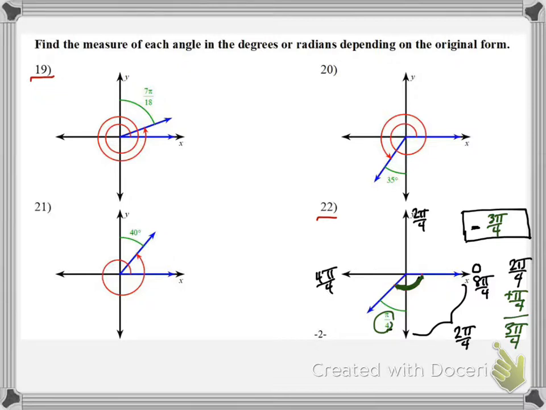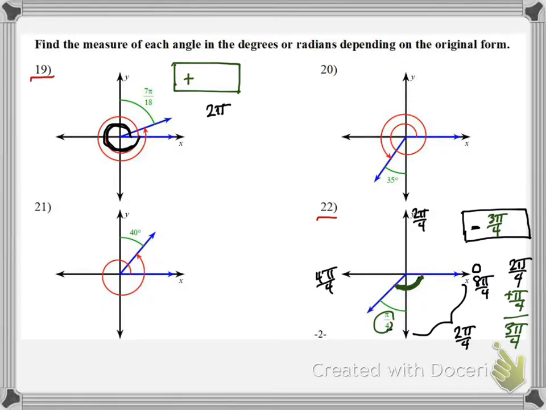Let's look at number 19. Number 19 has a lot of spirals in it. I like that. I know that my final answer is going to be positive because it's going up. Do not need the plus sign, but that reminds me at the end that I've already thought it through. So I'm going to start at the beginning, which would be the innermost part of the spiral, and say, going all the way around, that is a full circle, and a full circle is 2 pi.